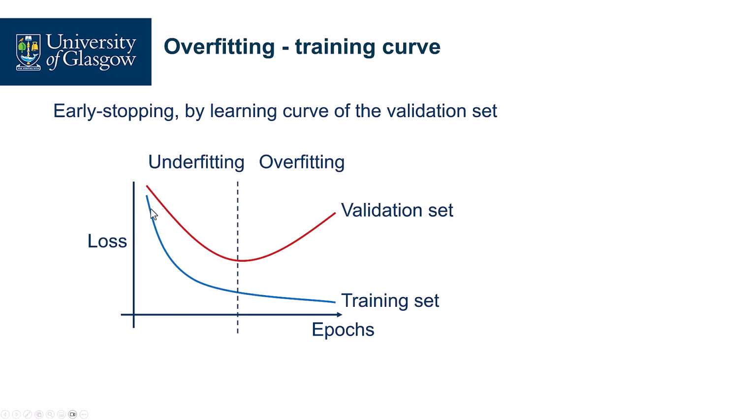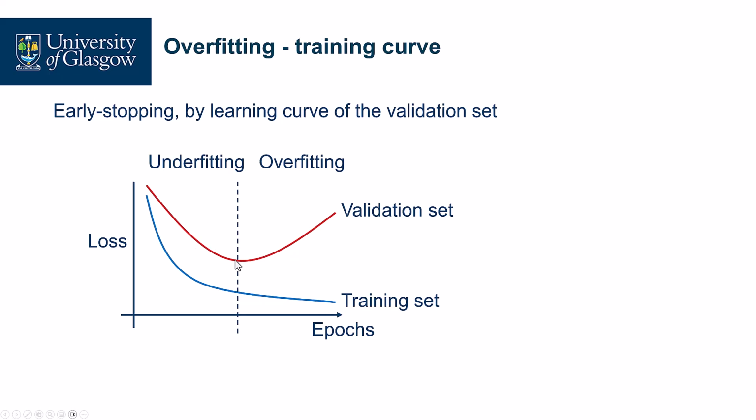However, only looking at the training set curve, we can't identify when this change happens. But with a validation set, we can observe it. In the first phase, the validation error improves together with the training error. But at some point, the training set will try to catch the minor details, but the validation set won't.